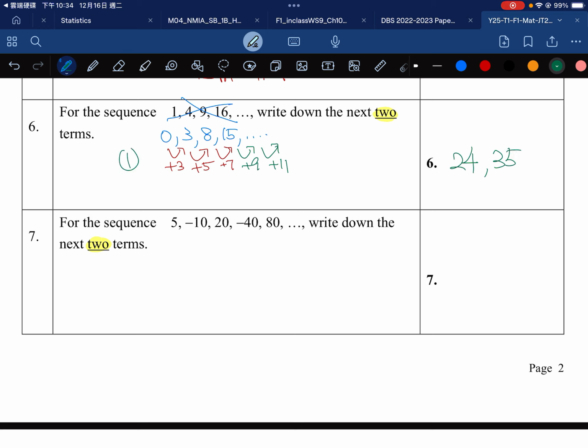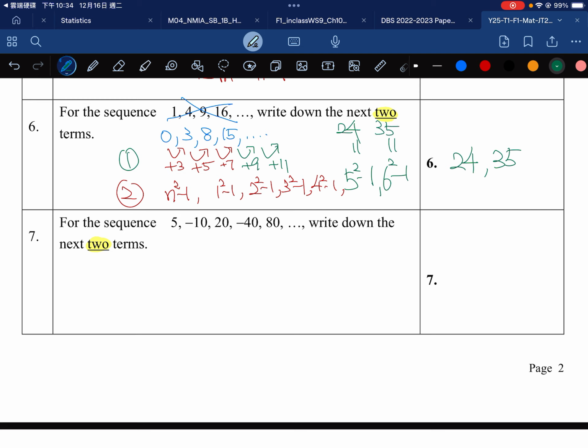That is the first way. The second way, which is more difficult, is in fact that the general term of this one is n squared minus 1. So the first one is 1 squared minus 1, 2 squared minus 1, 3 squared minus 1, 4 squared minus 1. And then the ones after will be 5 squared minus 1, which is 24, and 6 squared minus 1, which is 35.